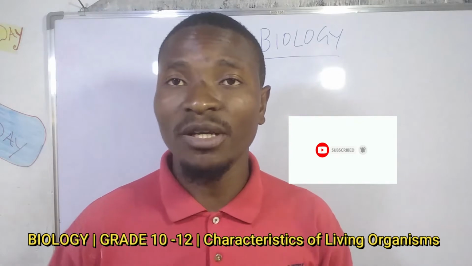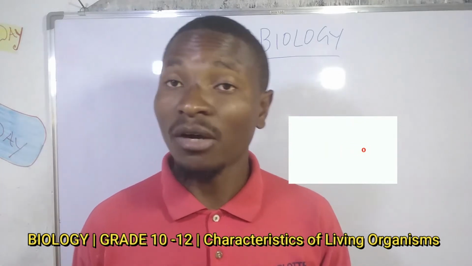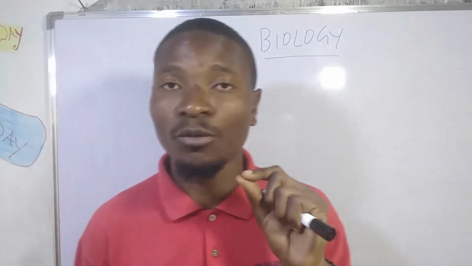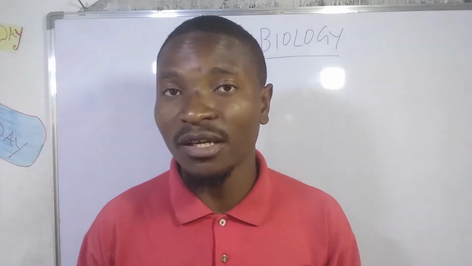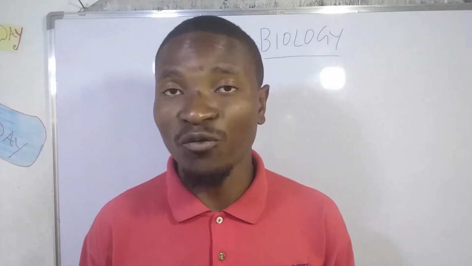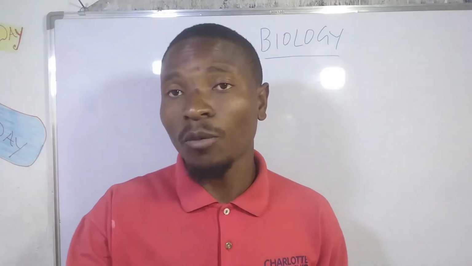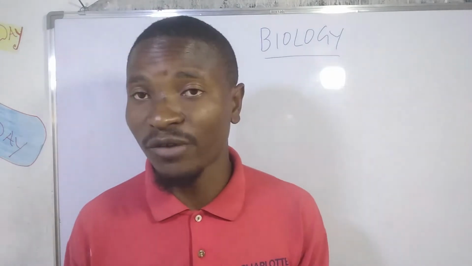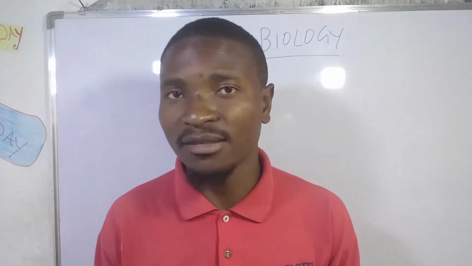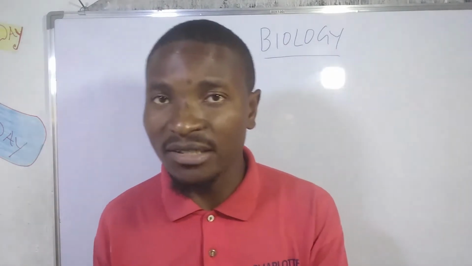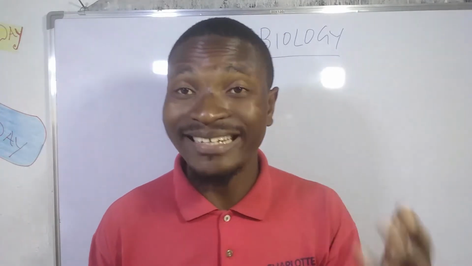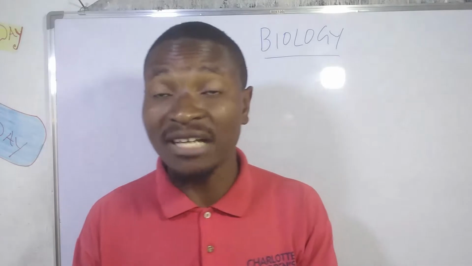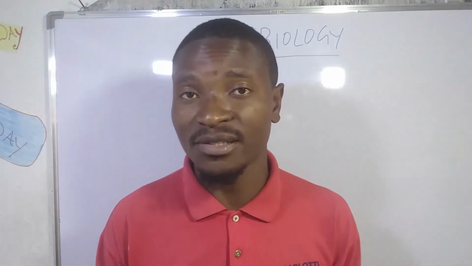And in this video, we are going to have an introduction to biology, and specifically we'll be talking about some of the characteristics of living things. This is simple science that each one of us understands: for something to be identified as a living organism, it must have certain properties, certain characteristics.